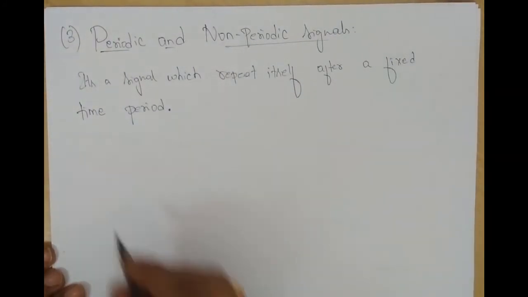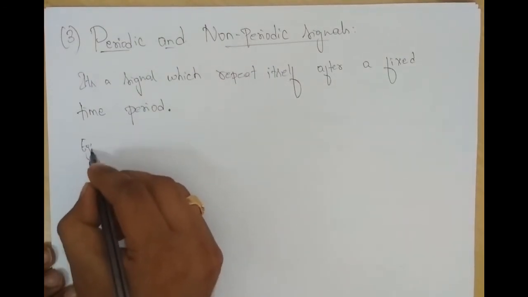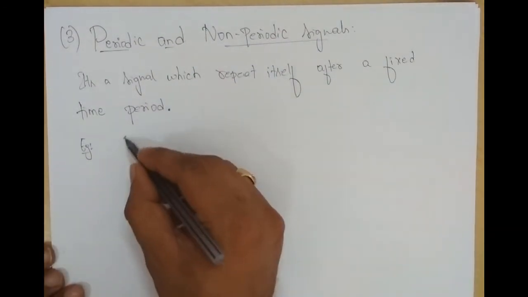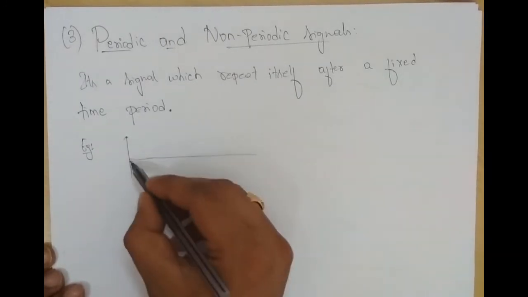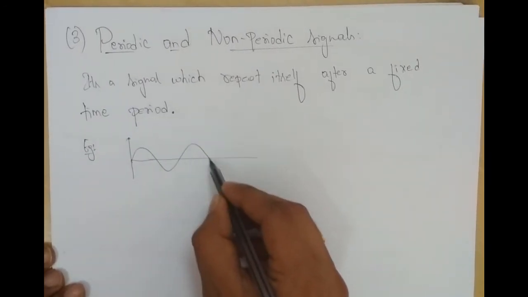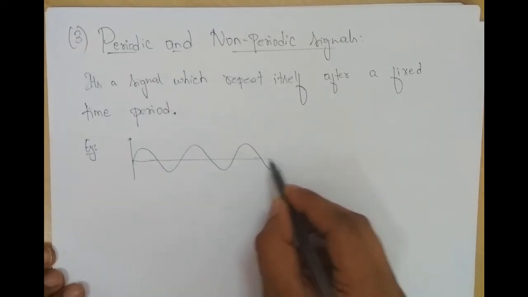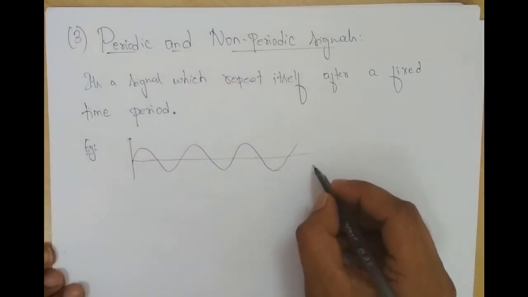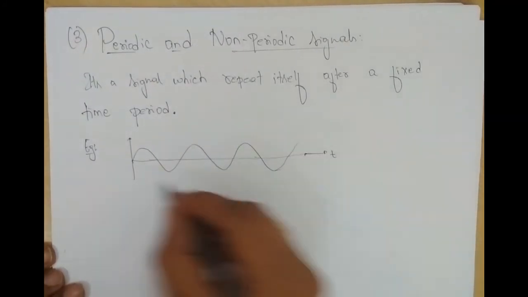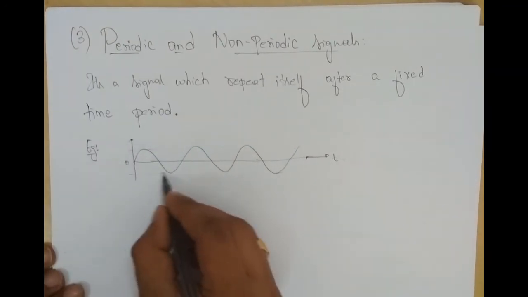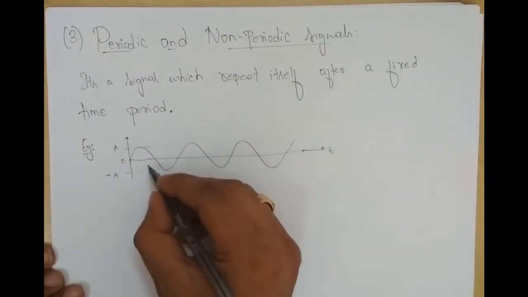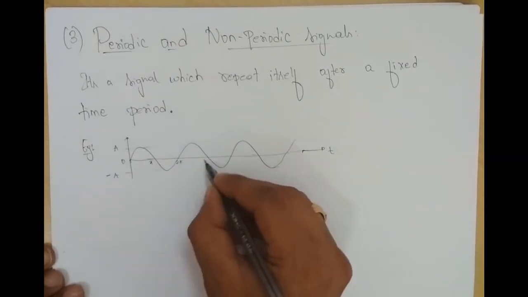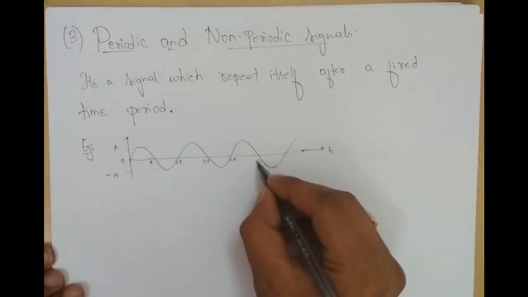As an example, I can give in a simple way, a sine wave, right? If I just try to plot a sine wave, is it a periodic signal? Yes, right? It's a periodic signal and it is repeating. So the amplitude is A and minus A. So 0, pi, 2 pi, 3 pi, 4 pi, 5 pi, 6 pi and so on.